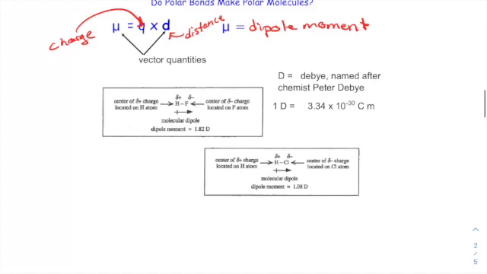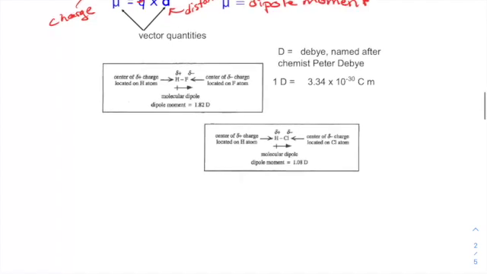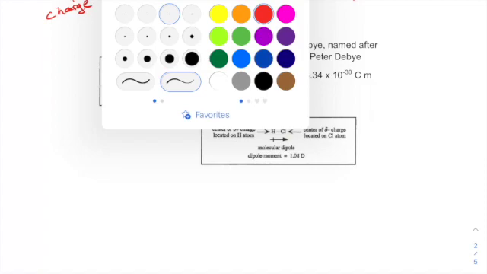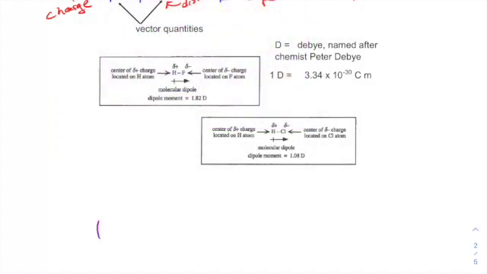So vectors. Vectors have quantity and direction. So magnitude and direction. For these simple vectors, it's easy to see what direction they go in. But sometimes life is more complicated. So let's say I have one going this way and one going this way.